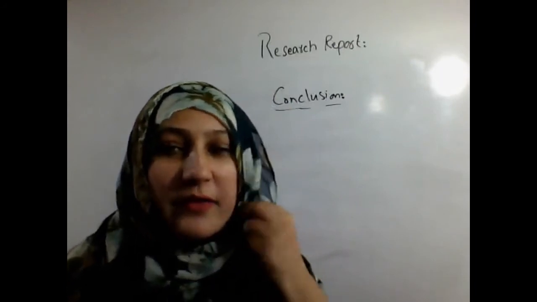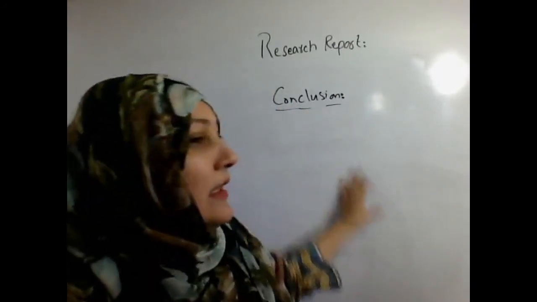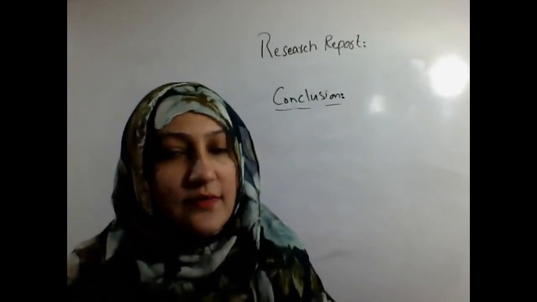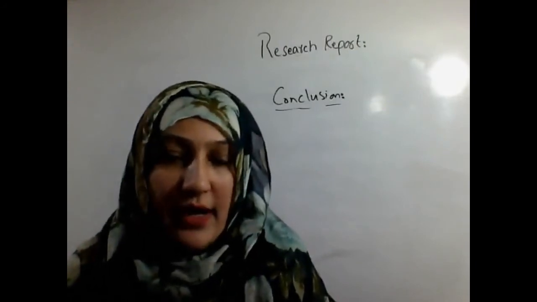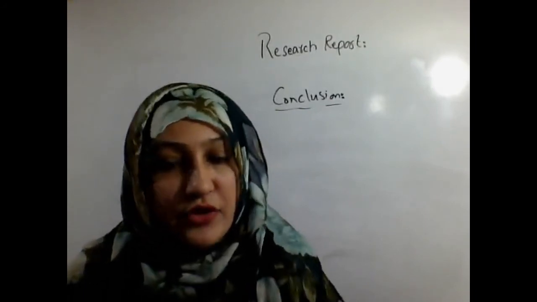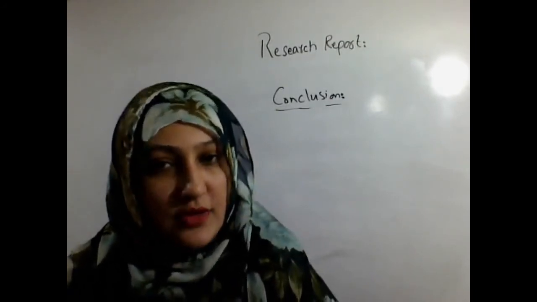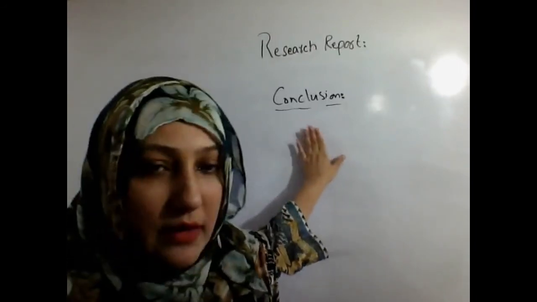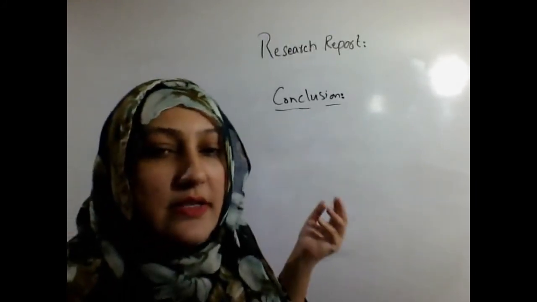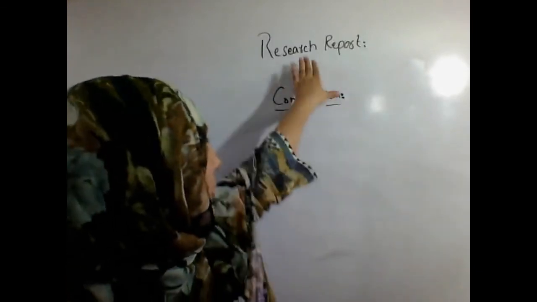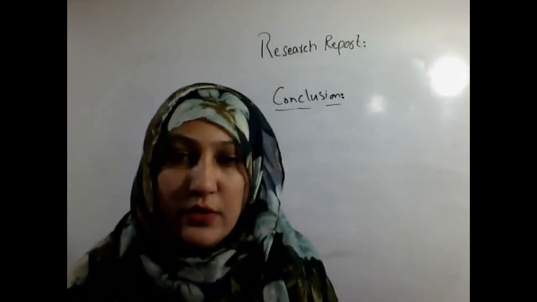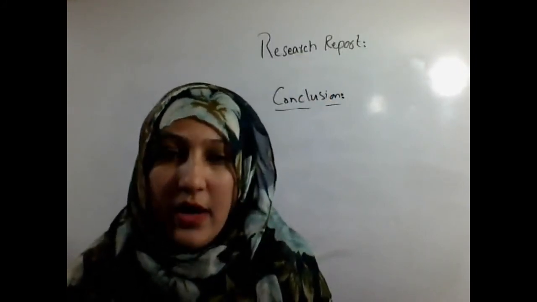In the conclusion, you give the idea about why your results and findings are important, and why others can choose this type of research for future research. How can they plan their future research? Also in the conclusion section, you give the future prospects. In future, which type of research can be planned according to your research report? So you have to give in your conclusion section what you have concluded from the results which you have found.